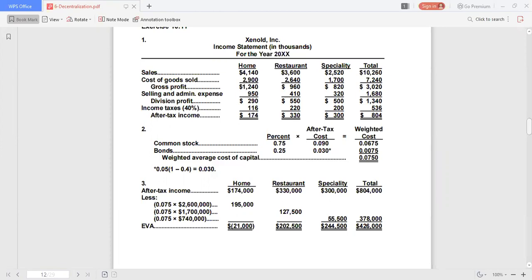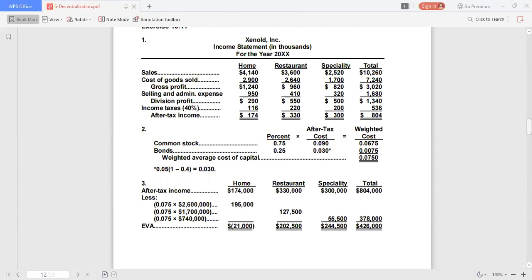So in number 11, first we have to begin with, actually we got three requirements or four. We still have the number 4 requirement. Prepare a segmented income statement for last year. So we have now last year, we had sales, and then the cost of goods sold given, deduct selling and admin expenses.